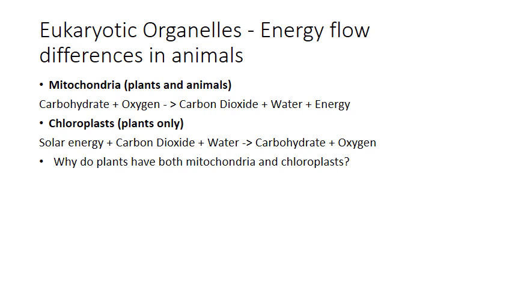So if we really think about this, this explains a lot of why we do what we do as organisms. We have to always be taking in food to get enough carbohydrates. We have to always be breathing to get enough oxygen, and then we're going to excrete or produce as waste carbon dioxide and water, and we're going to have energy to use to do useful things.